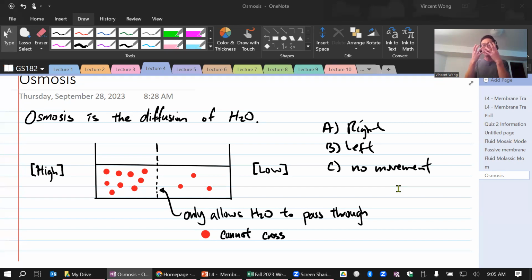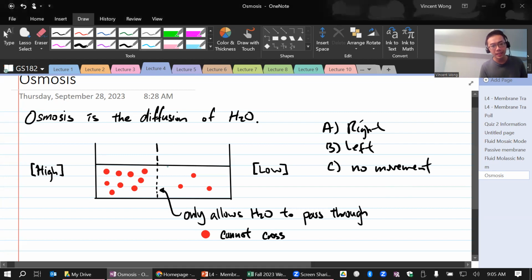Because the water is being drawn out from your mouth by the salt. Can you guys visualize this? Maybe don't do a spoonful, just do a pinch or something, right? And that's what's happening in this case. The water is being attracted towards the saltier side.